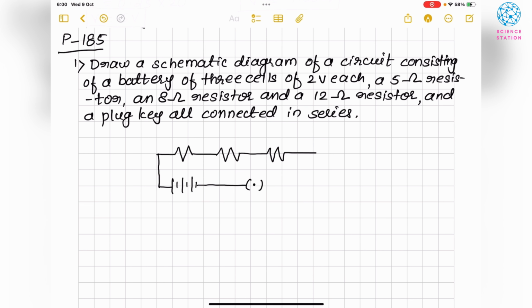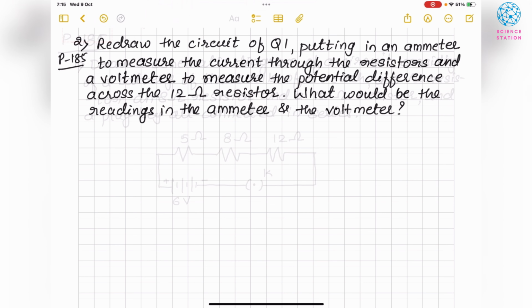Now a key. So this will be my diagram. Now this is 5 ohm, this is 8 ohm, this is 12 ohm, this is plug key K, then this will be plus, this will be minus, and 2 volt 3 cells are there, so total voltage will be 6.